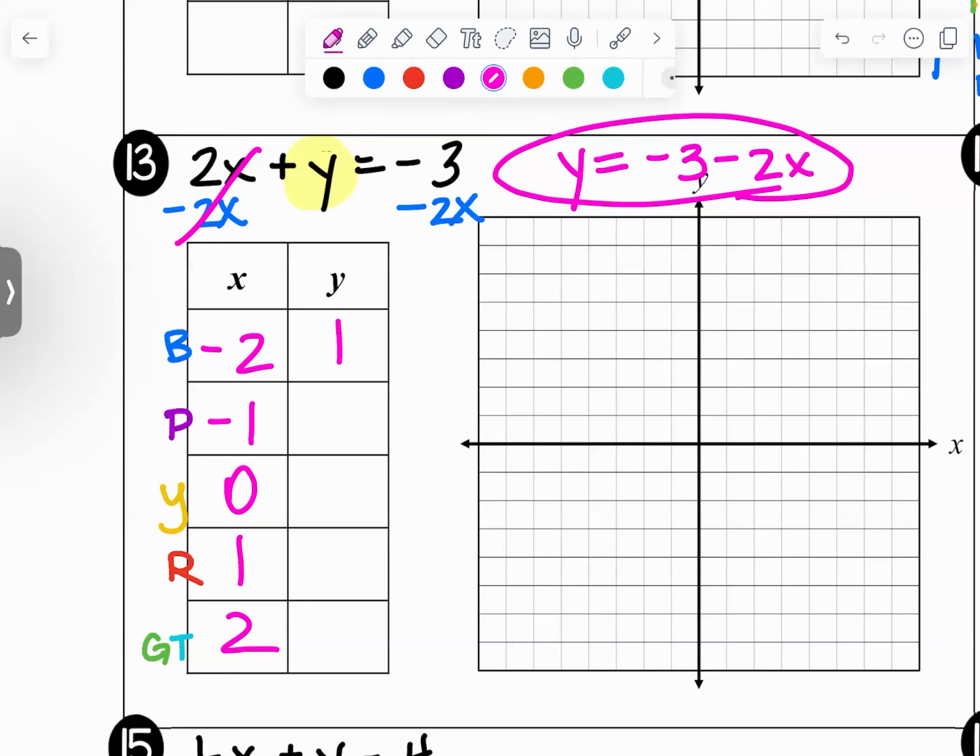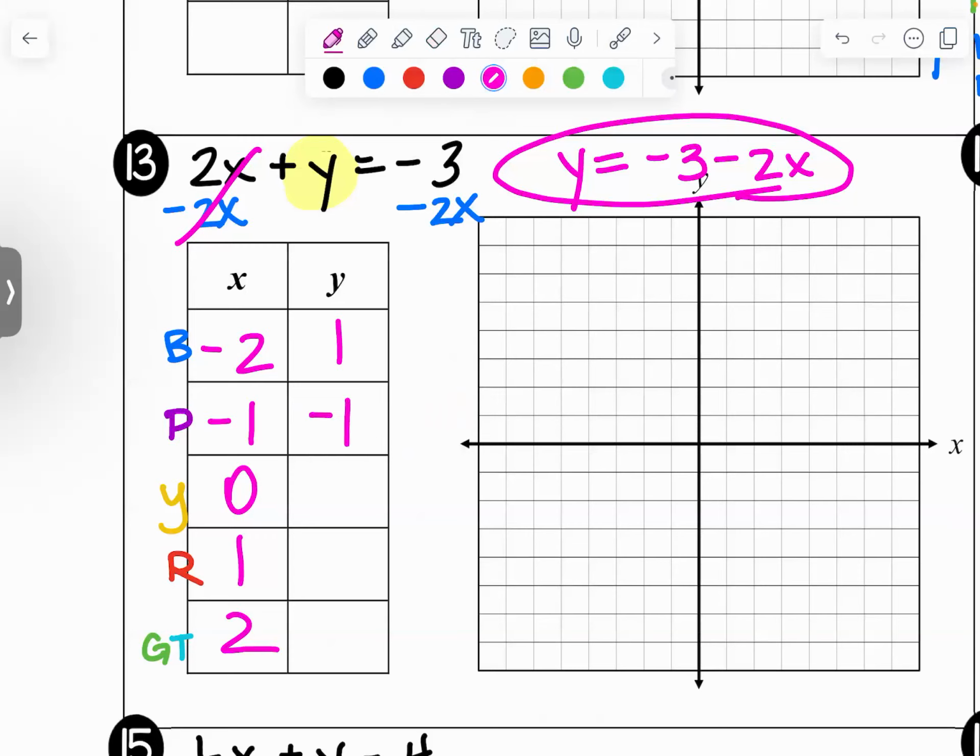Okay, so help me out. If we have -3 minus 2 times -1, what's 2 times -1? So this becomes -3 plus 2. Caesar, what's -3 plus 2? -1.